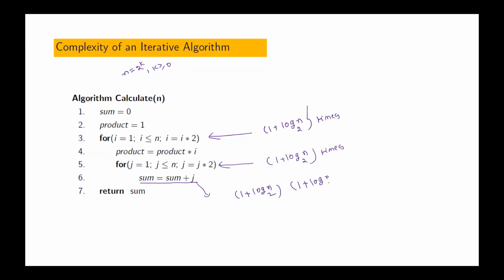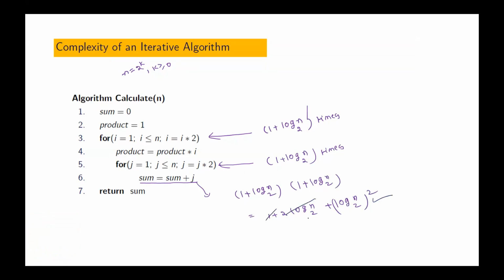What is its order of growth? Log n base 2 whole square. These are smaller terms, no?